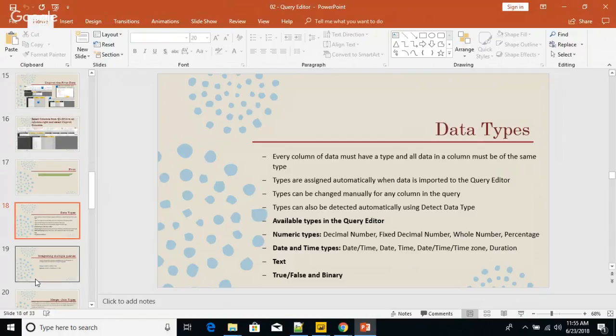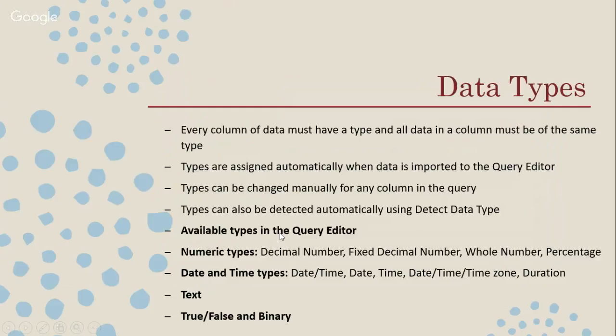So now the most important thing after importing the data into Power BI desktop is verifying the data types of each column. And if you feel that the data type for a particular column has to change, you need to change it manually.